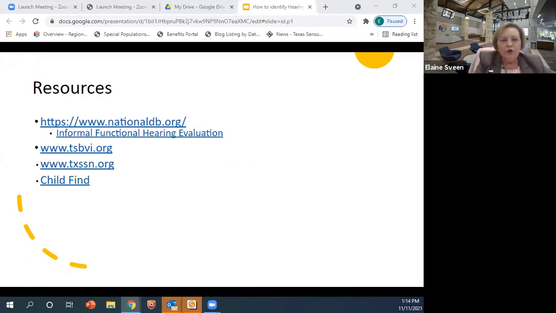It's got interviews, and it's really designed toward the students that have vision loss and multiple disabilities, is basically what it is. But there are interviews in there that you could pull for other students if you wanted to see if those are helpful to you. But all of these resources are good ones for you to look at for further information.